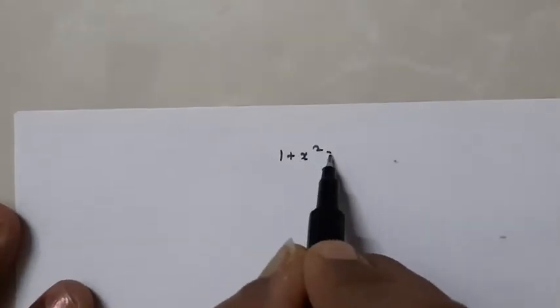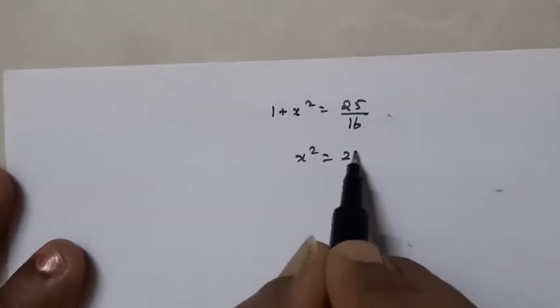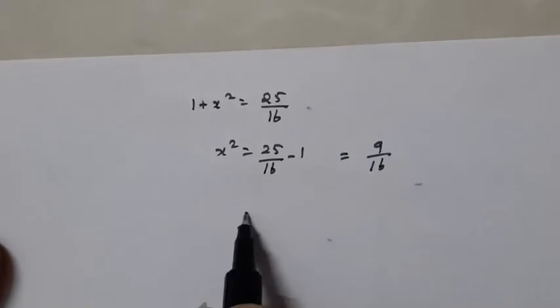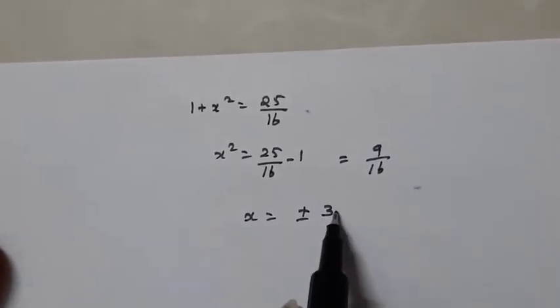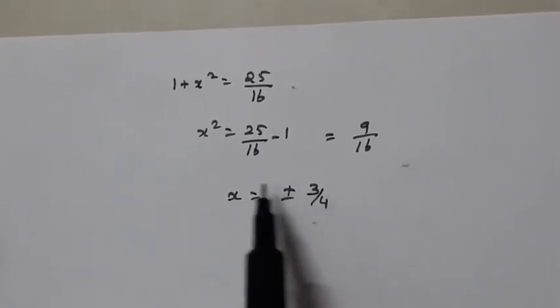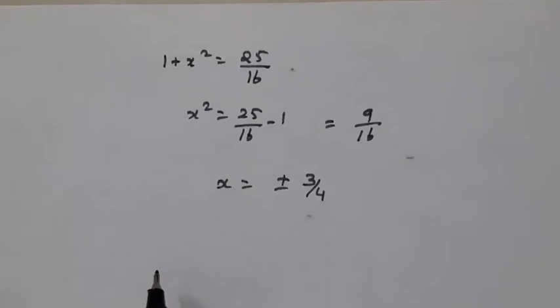So 1 plus x squared is equal to 25 by 16, or x squared is equal to 25 by 16 minus 1, that is 9 by 16, and x is equal to plus or minus 3 by 4. So no condition has been given. So whatever the value of x has come, finally would be the solution for the given problem.